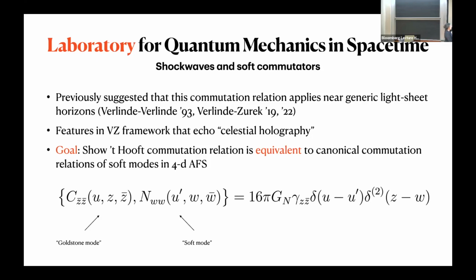But what we want to show is that there's a diffeomorphism that takes you from the shockwave metric with those commutation relations to a commutation relation, which comes from the Poisson brackets between the shear and the news, which are sometimes called the Goldstone mode and the soft mode, okay, which if you open up, say, lecture notes by Andy Strominger, take on a form that looks like this. So now you have something that depends on the time. So that's going to end up working out because we'll be integrating the news with respect to one of the time variables.